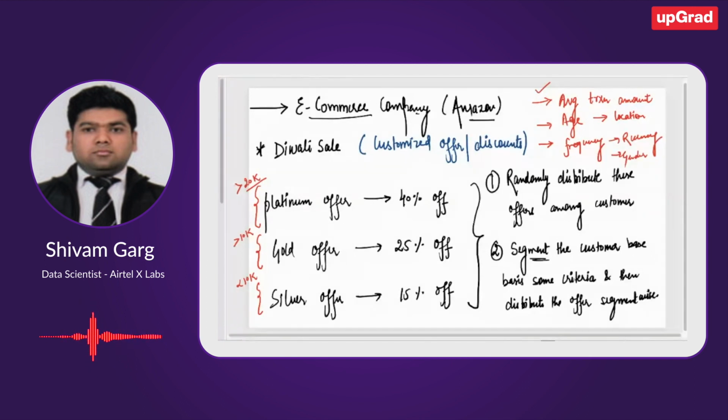So keeping all these points in mind, see, अगर मुझे एक ही feature पे बनाना होता, if I had to make some decision or some criteria on a single feature, it is a much simpler problem to solve. Correct? With the help of domain knowledge, I would just put some cutoffs, and on that basis I say, okay, इसको platinum दे दो, उसको gold दे दो, उसको silver दे दो. But in industry, the problem is not single variate.